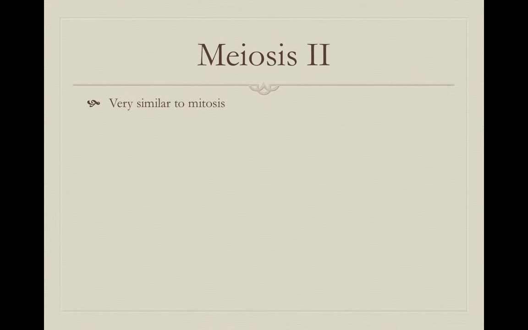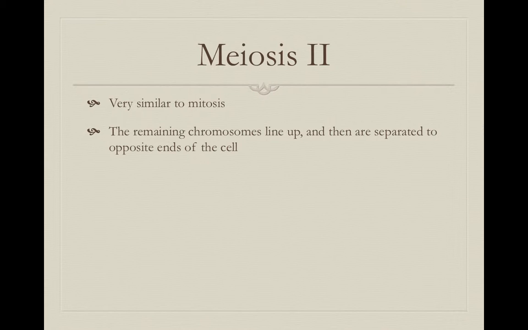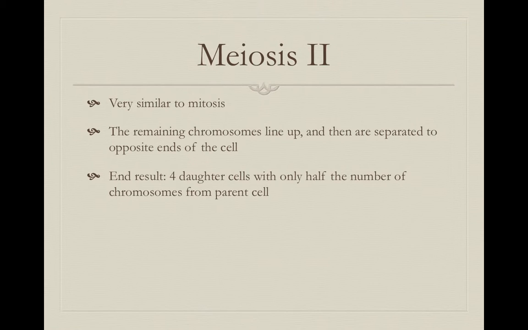Meiosis 2 is very similar to mitosis. The same process happens. The remaining chromosomes line up and they are separated to opposite ends of the cell. As a result of meiosis 1 and 2 together, we have 4 daughter cells with only half the number of chromosomes from each parent cell. All 4 of these are different due to the crossover that takes place.